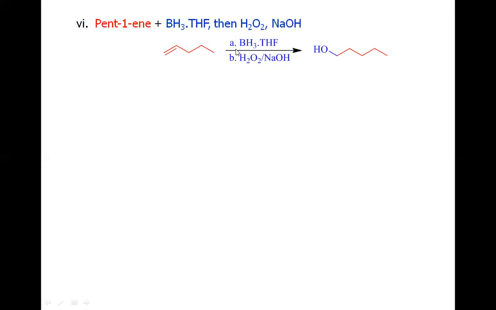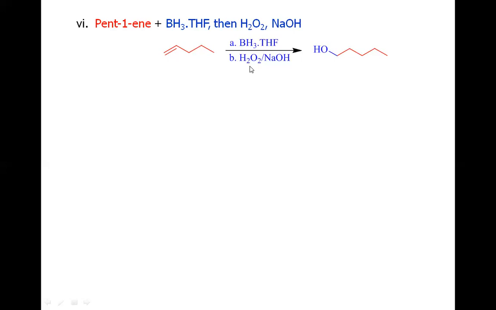The first step will be the attack of this alkene pi bond to the empty orbital of this boron of borohydride, which will simply give you the intermediate alkyl borane, and later the attack of another molecule of alkene to that alkyl borane will give you the borohydride, the B negative anion.